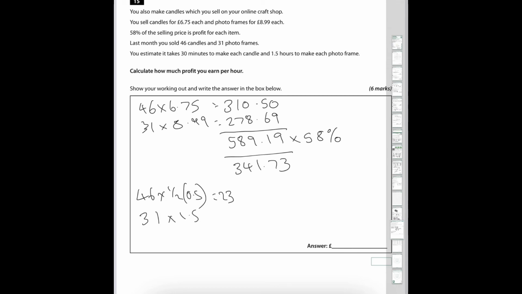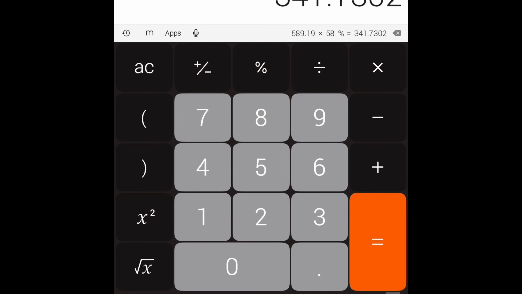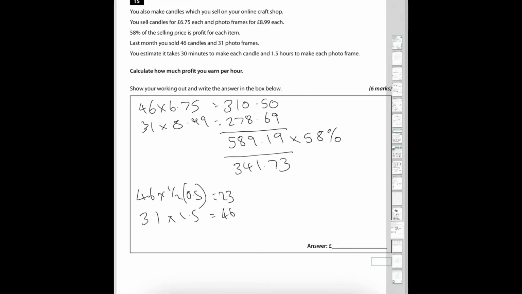We've then got 31 times 1.5. It's 46.5. So again, we add those both together. So that's easy enough done without a calculator. 69.5.